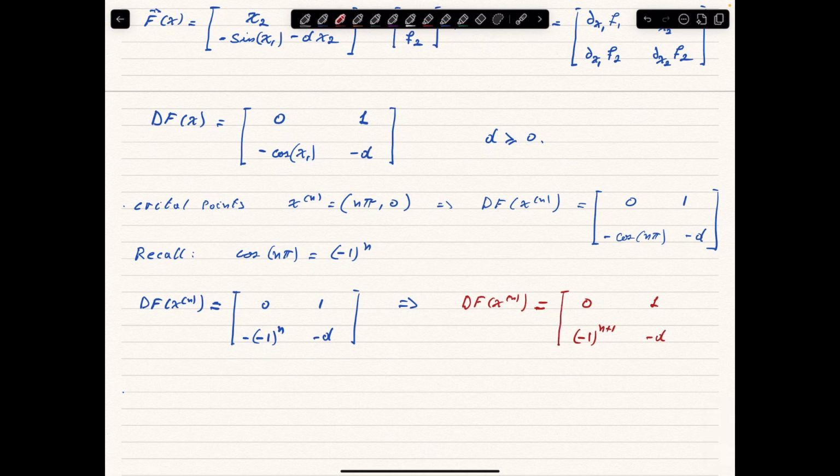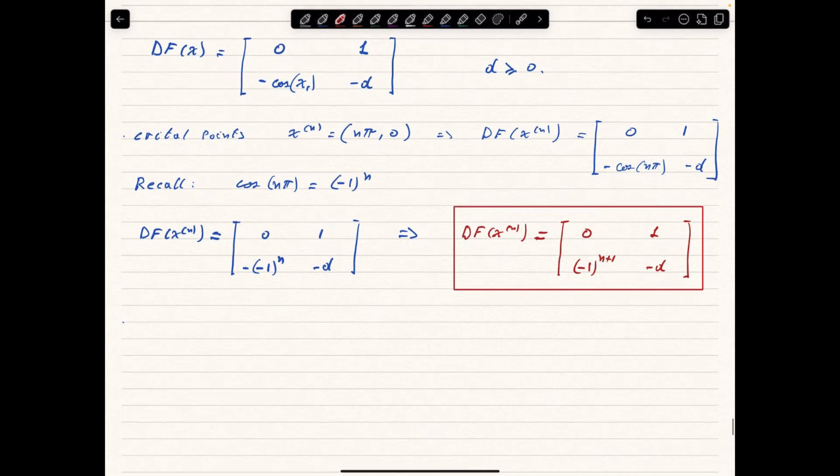That is the derivative matrix. So it's not as complicated as I thought it would be, and we have actually not infinitely many cases to compute for the derivative matrix.